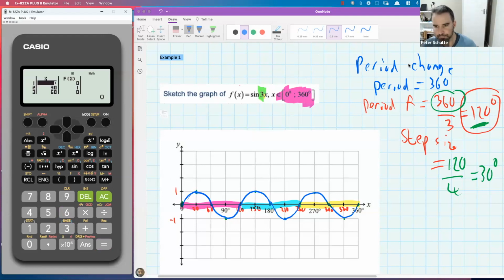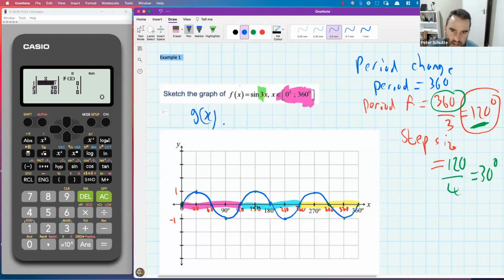Okay, now I'm going to give you another question, and then we'll take a break. I want you to draw g of x, which is going to be sine of 3x minus 1, also on the domain 0 to 360.